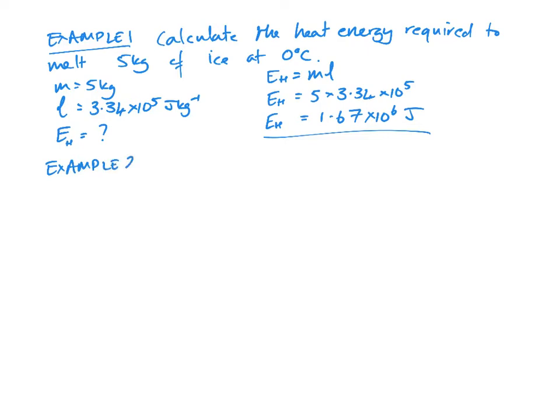Example 2, and we'll deal with the idea of temperature and state changing within the same problem. So calculate the energy emitted, so this is going to be something that's cooling down.